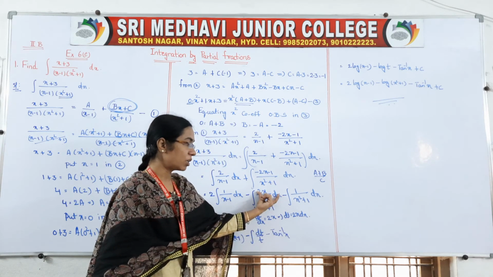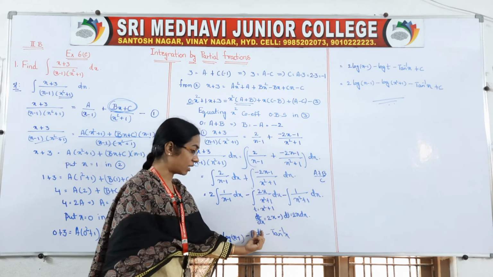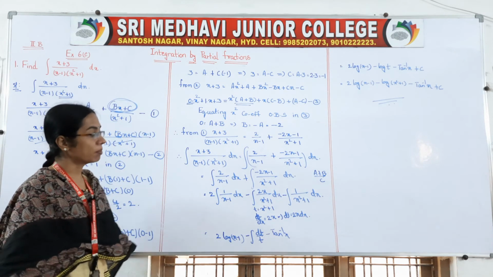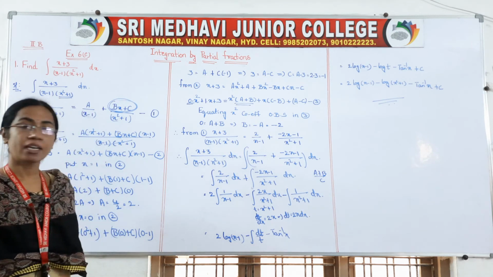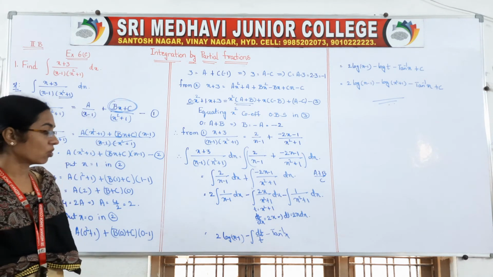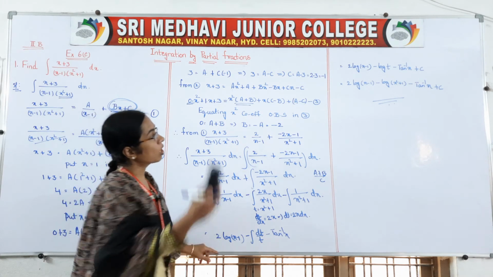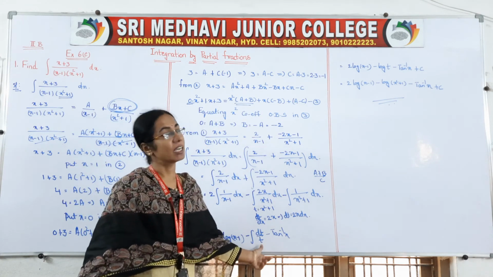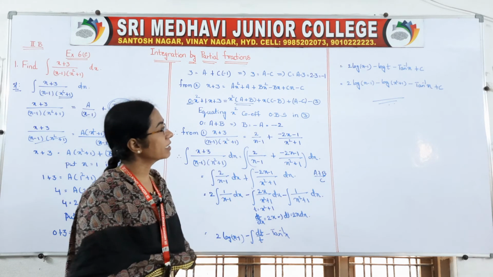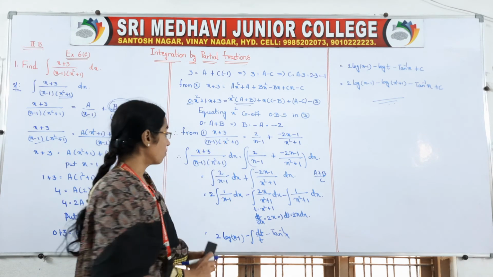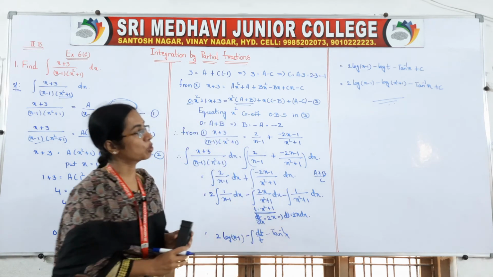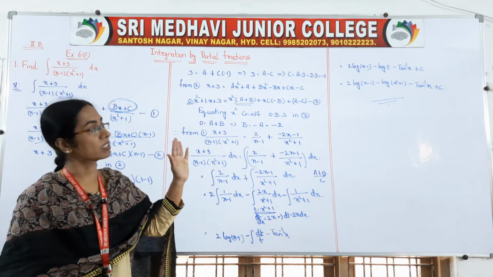In place of 2x dx you take dt by t, and the integral of 1 by x square plus 1 is tan inverse x. So it is 2 log of x minus 1 minus log t, where t is x square plus 1. Substitute it, minus tan inverse x plus c.